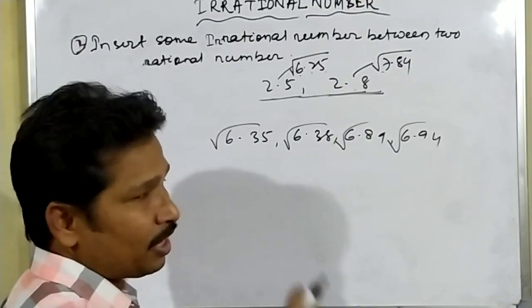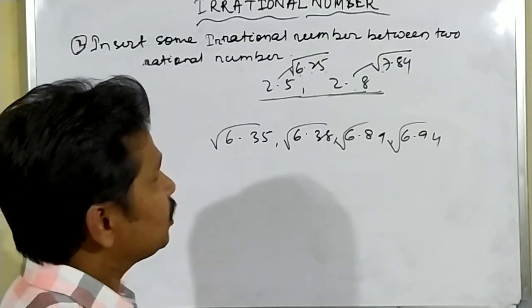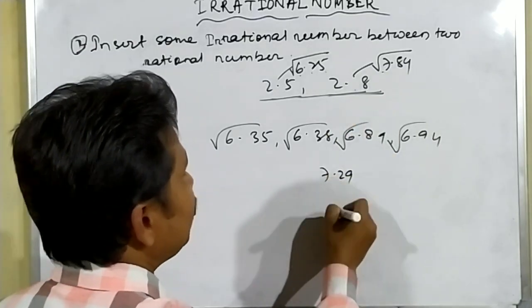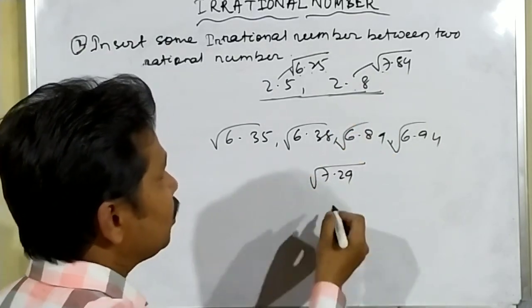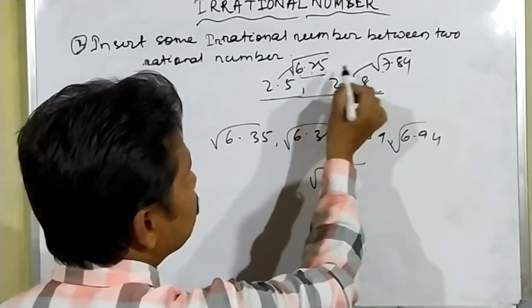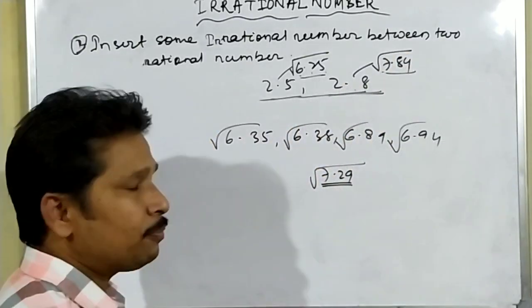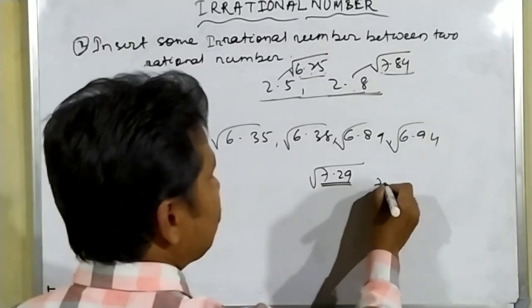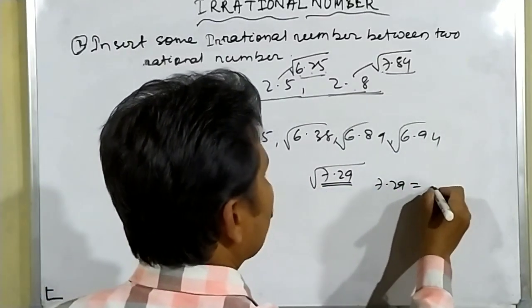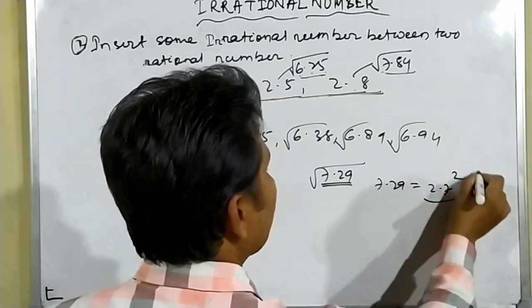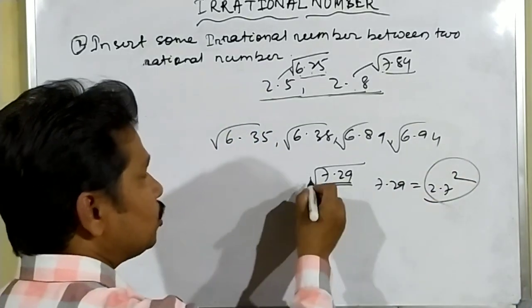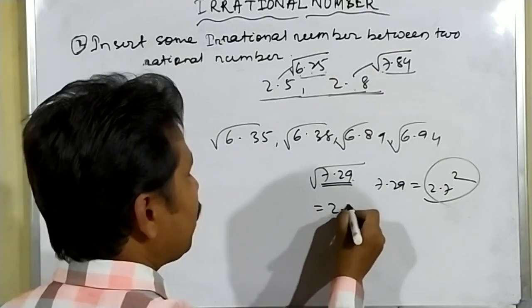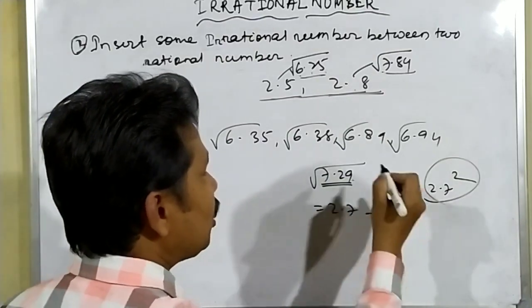But one thing we have to keep in mind is that we should not write a perfect square number here. If you write 7.29, it is lying between 6.25 and 7.84, but we can't write 7.29 because 7.29 is the square of 2.7. So the root over 7.29 equals 2.7, and it will become a rational number.